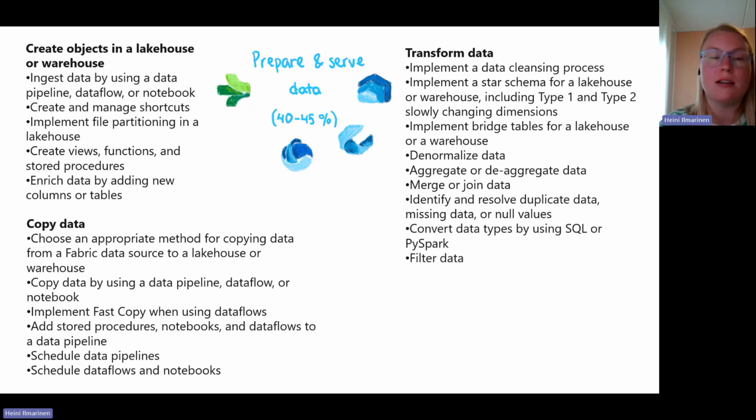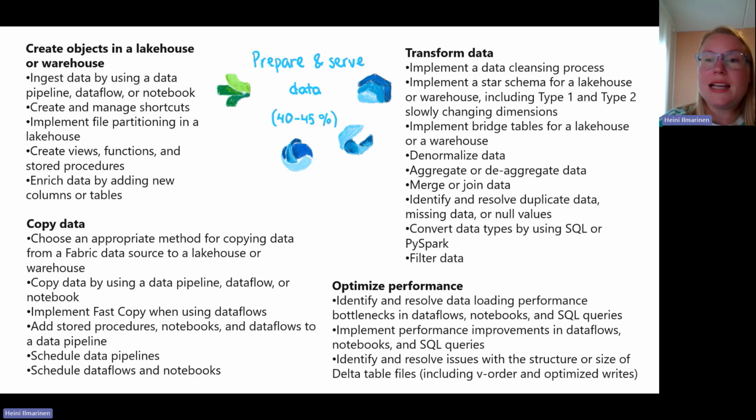And then we should be familiar with denormalization of data as well, and all of these different transformations that can be done with both PySpark on the data engineering side and SQL on the data warehousing side. And then lastly, we have optimizing performance. So being able to optimize if you have any issues in your queries and things like that.